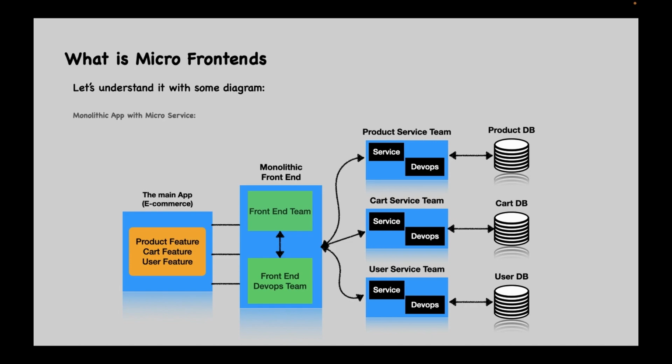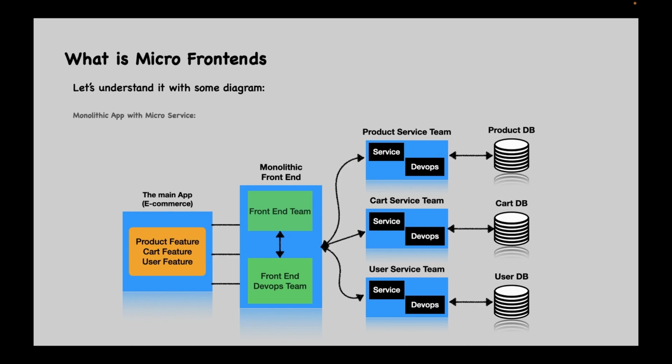Like for the product, there will be a server, and the product will be developed by a different team, and same for the cart. So the cart could be developed by a different team, using different technology, so there is no overlap between two services.